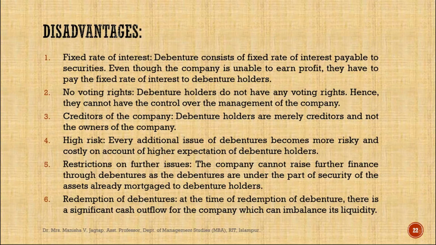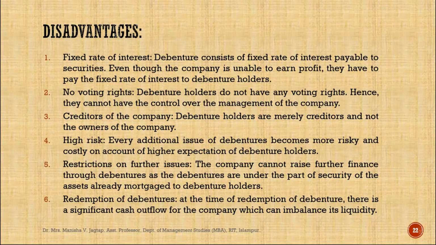They do not have any claim on the surplus profit of the company. Next is high risk. Every additional issue of debentures becomes more risky and costly on account of higher expectations of debenture holders. This enhances the financial risk and the cost of capital.